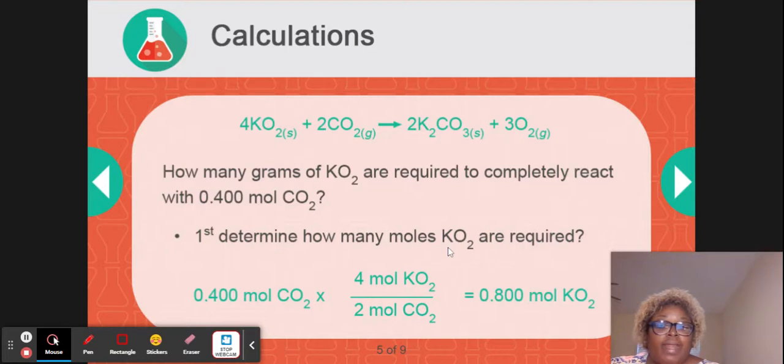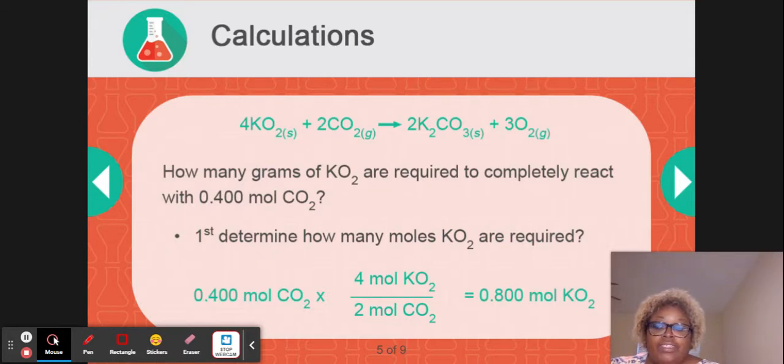We first want to determine how many moles of KO2 are required. We start off with our 0.400 moles of CO2. That's what's given here in the problem. Then you're going to multiply this by a conversion factor. In your conversion factor, these numbers come from your balanced chemical equation.